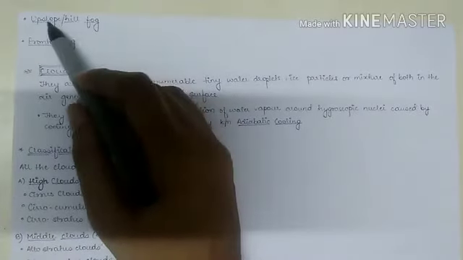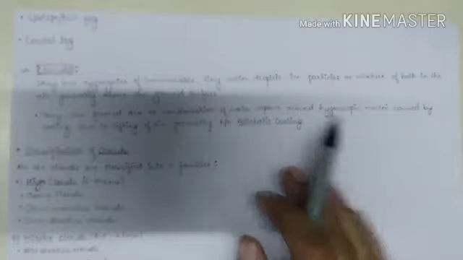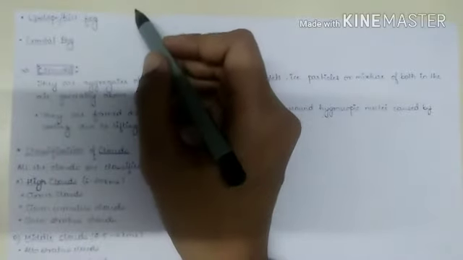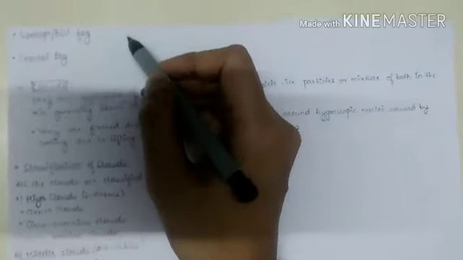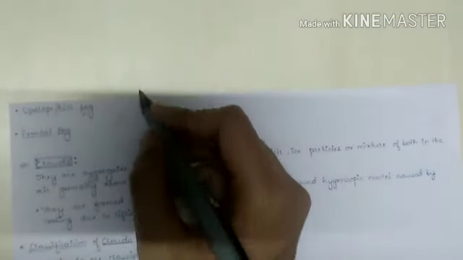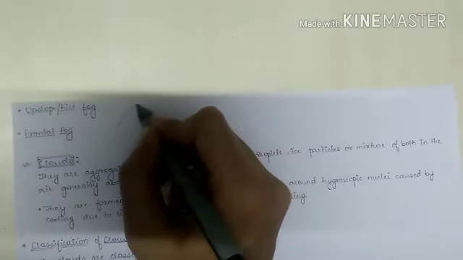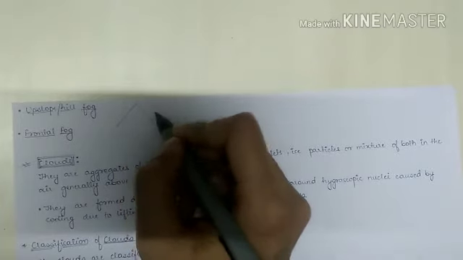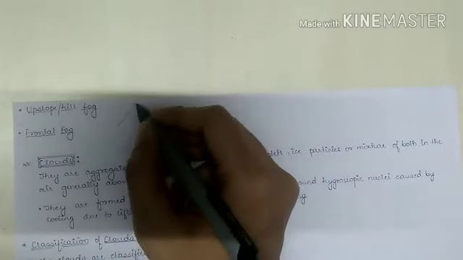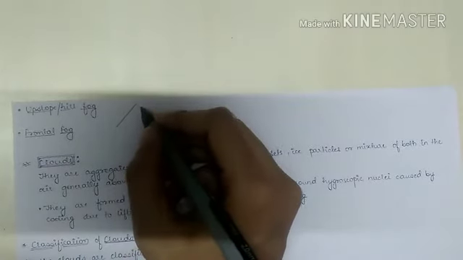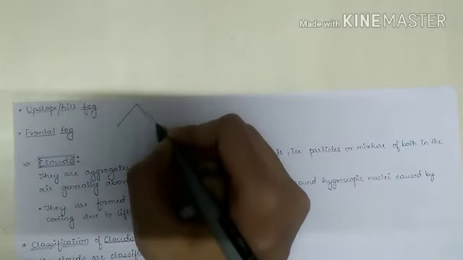Next we have upslope fog or hill fog. These upslope fogs or hill fogs are formed near or on the hill slopes, along the hill slopes.